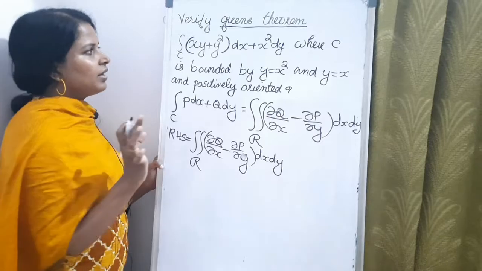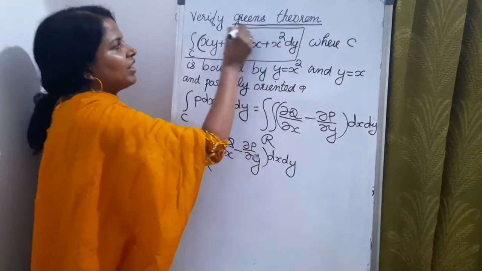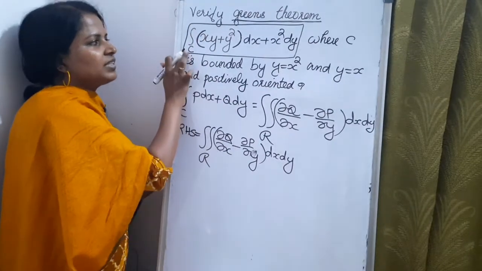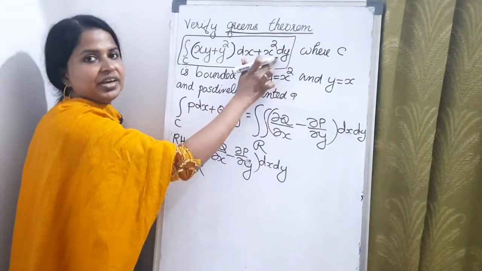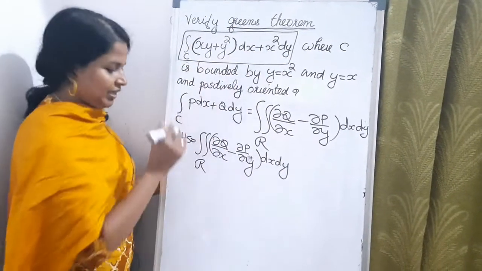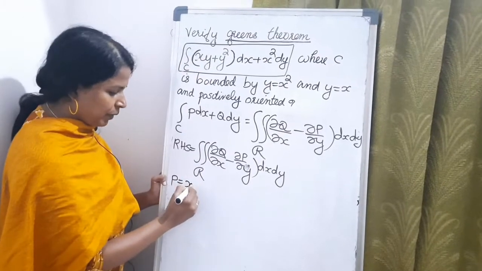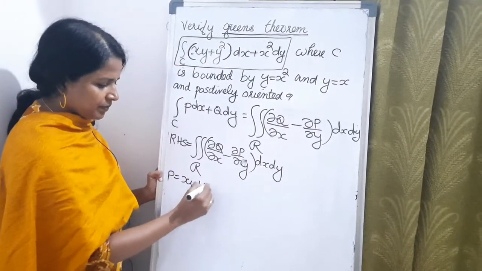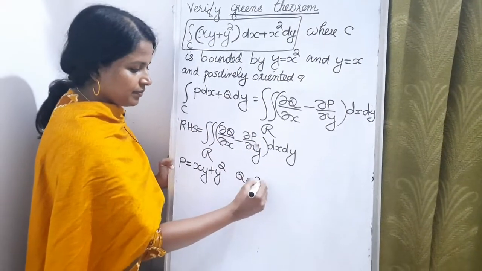Here the line integral is given: line integral over C of (xy plus y square) dx plus x square dy. The general form is P dx plus Q dy. That is, P is equal to xy plus y square and Q is equal to x square.